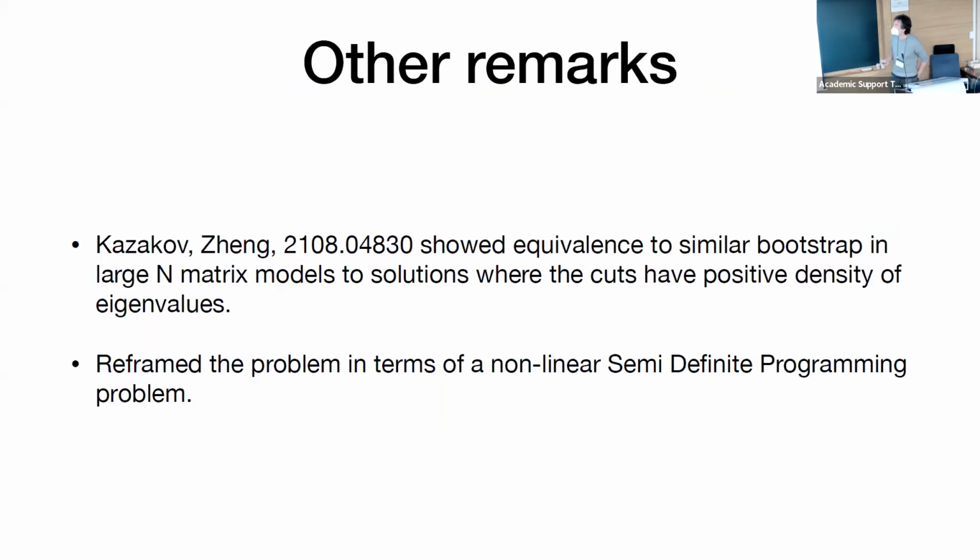Okay, other remarks. Kazakov and Zheng showed in matrix models that there's another type of system where you get recursion and larger matrix models, which was in the original paper of Han and Hartnoll also. But what Kazakov and Zheng showed was that that problem, which also required recursion and some positivity, could be equivalent to a nonlinear semi-definite programming problem.